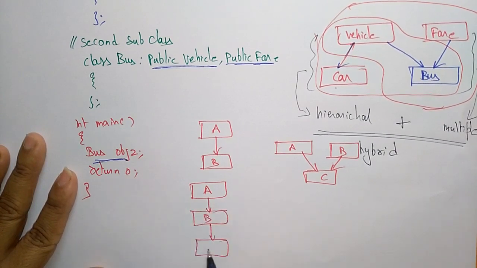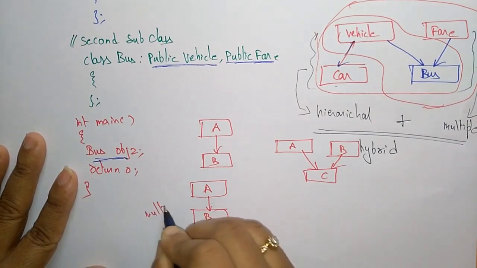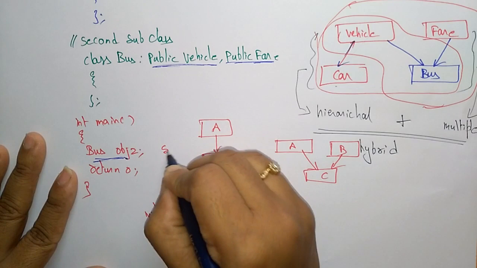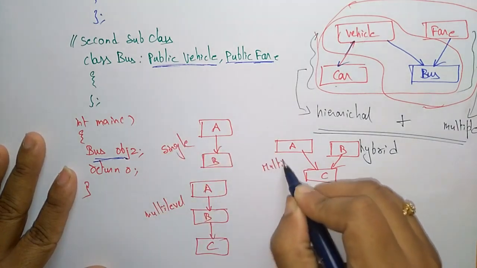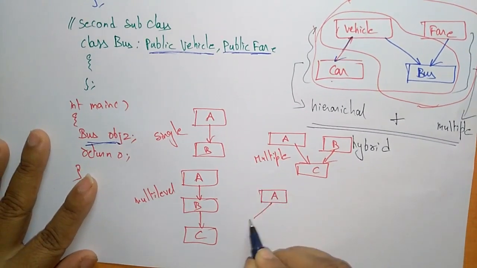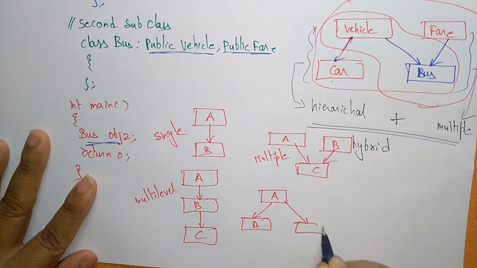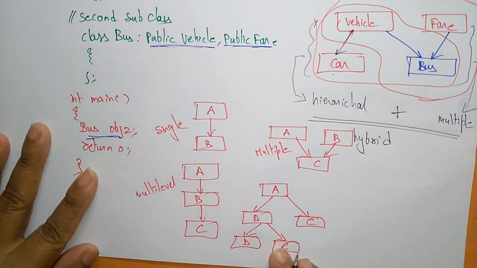So one derived class will inherit the properties of another derived class. So this is multi-level, this is single, this is multiple. Hierarchical means this.